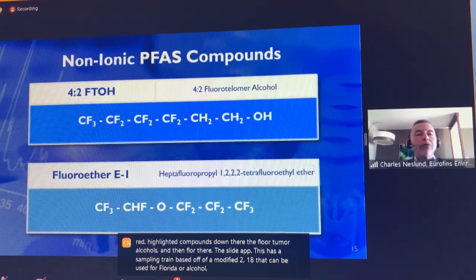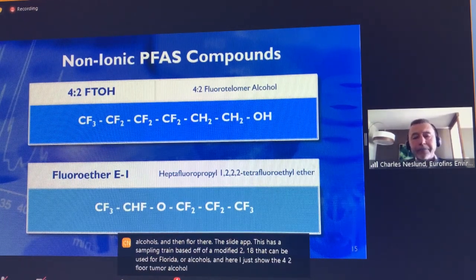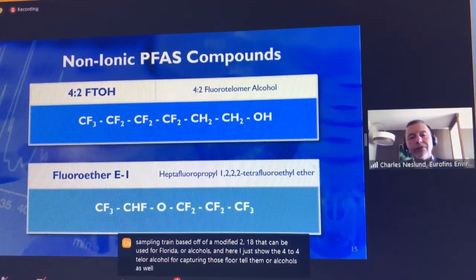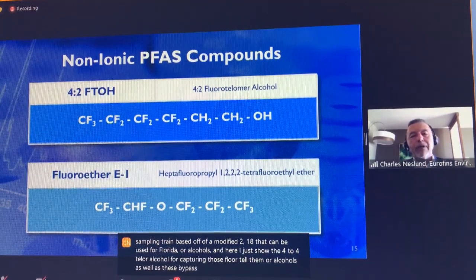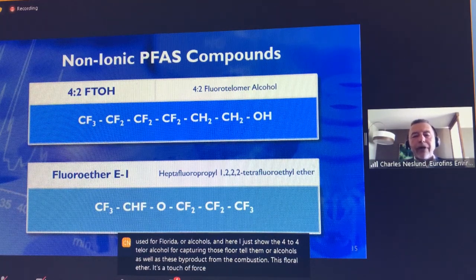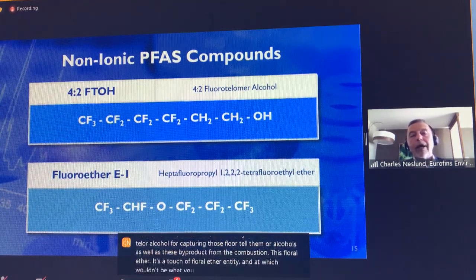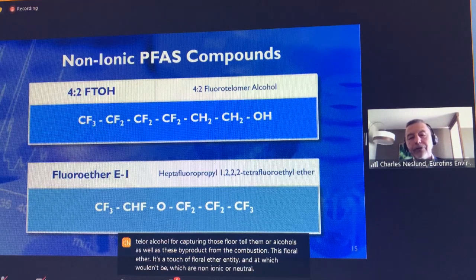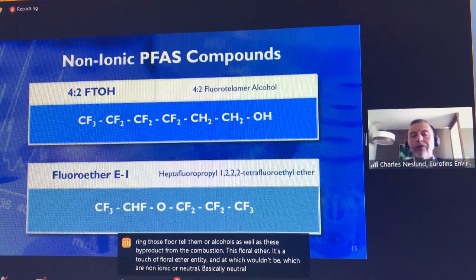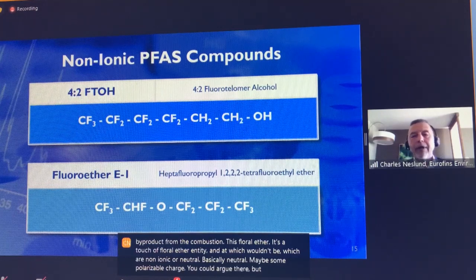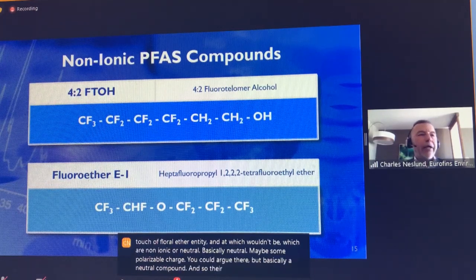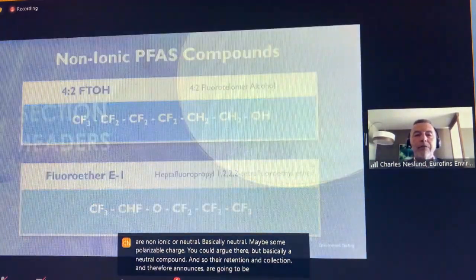Here I just show the 4:2 fluorotelomer alcohol, for capturing those fluorotelomer alcohols, as well as this byproduct from the combustion, a tetrafluoroether entity, which is non-ionic, basically neutral. Maybe some polarizable charge you could argue, but basically a neutral compound. And so their retention and collection, and therefore analysis, are going to be different than the semi-volatile compounds.